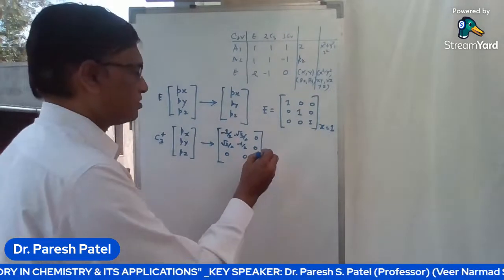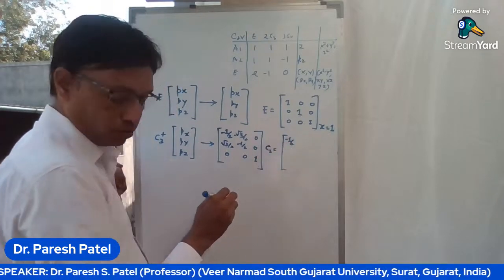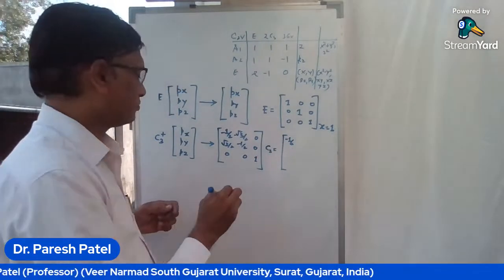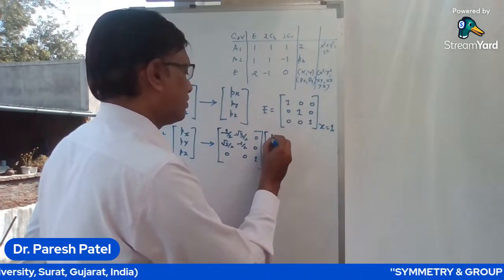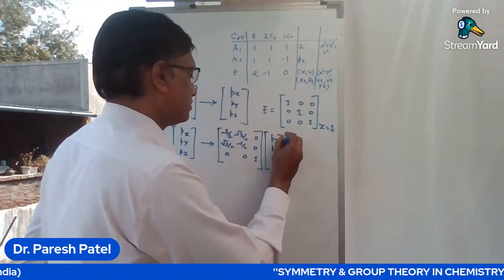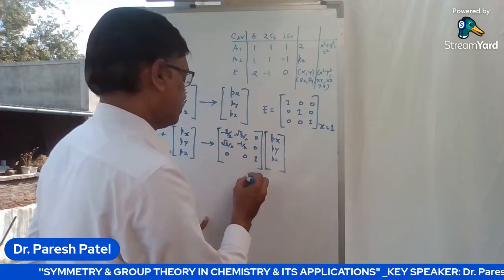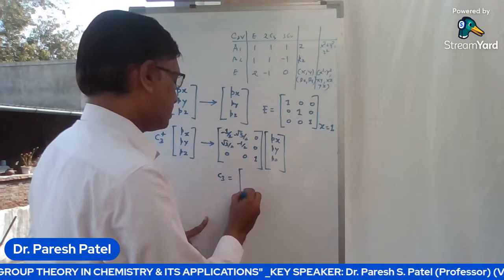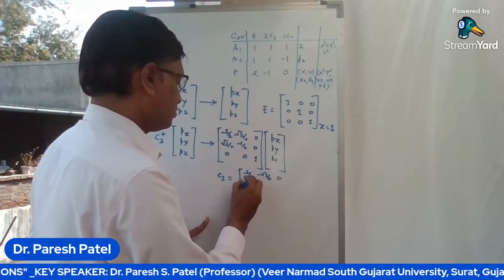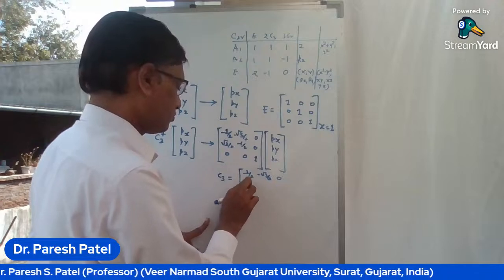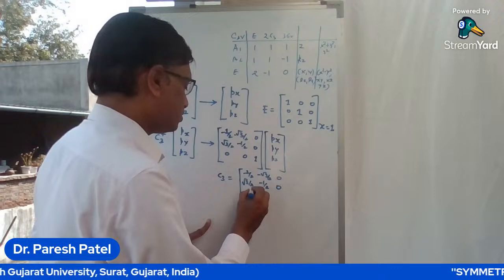So C3 plus can be represented as minus 1 half, root 3 by 2, and for px, py, and pz it is equal to, minus 1 half, minus root 3 by 2, 0, root 3 by 2, minus 1 half, 0, 0, 0, 1.